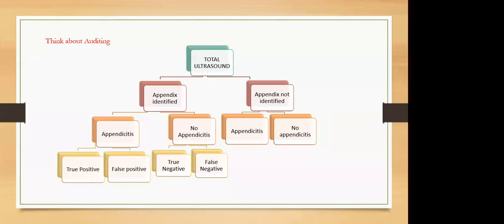So it's good to have a good working relationship with the referrers, the surgeons, because if they take out the appendix and send it to the lab, you can compare the lab results with the findings you had. Sometimes you may say, I didn't see the appendix. Out of those patients, if you do the follow-up, how many ended up having appendicitis?